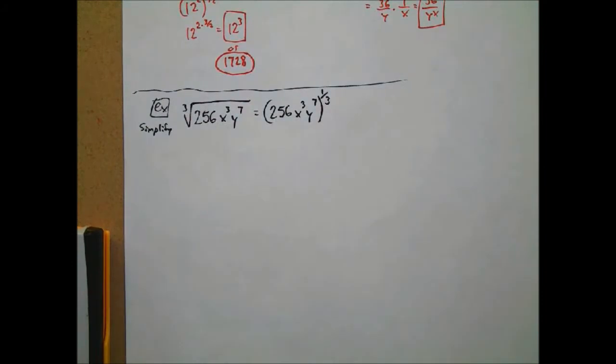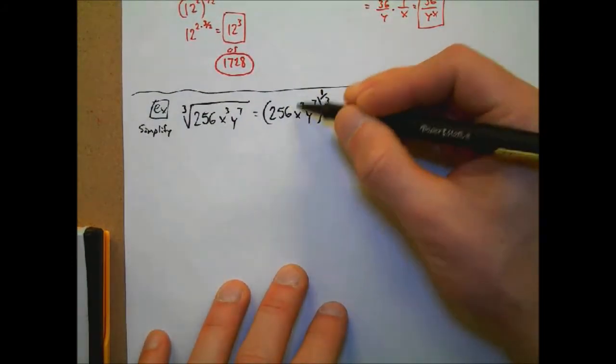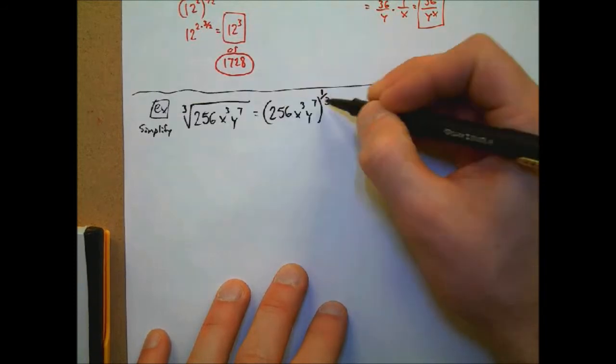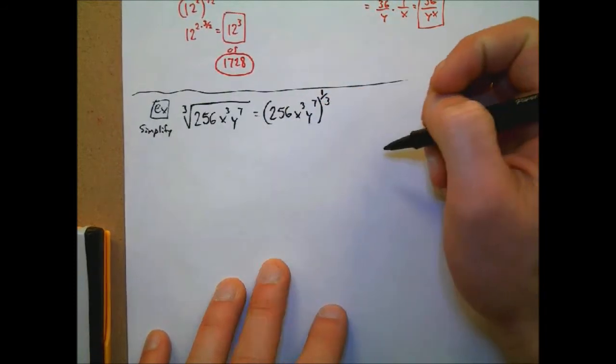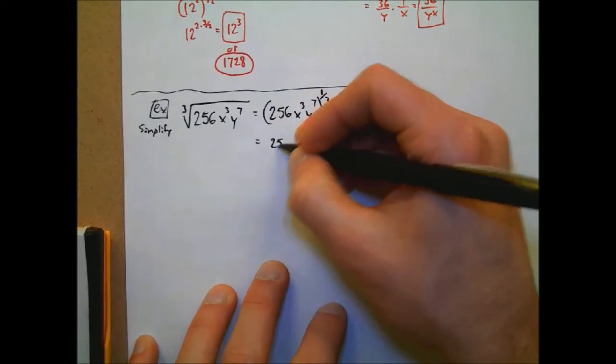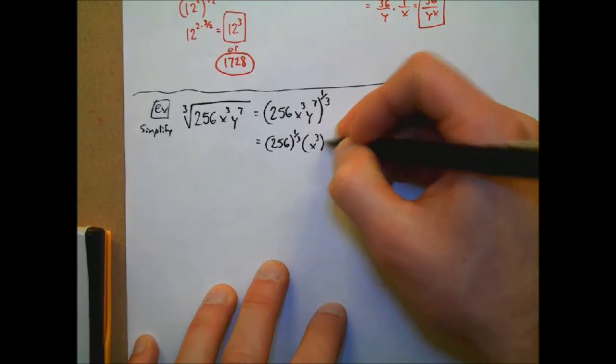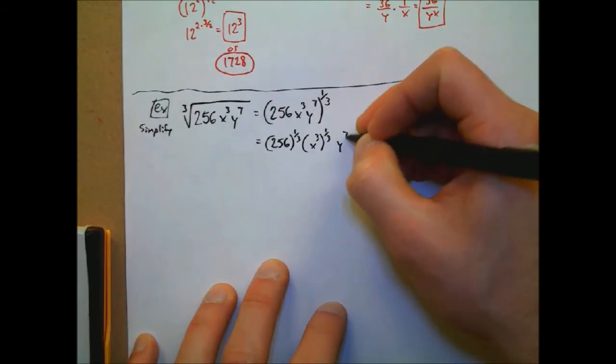And then what can I do with this 1/3? Well, we'll just distribute it to each part of our little product there. So this is the same thing as saying 256 to the 1/3, x to the 3rd to the 1/3, and y to the 7th to the 1/3.